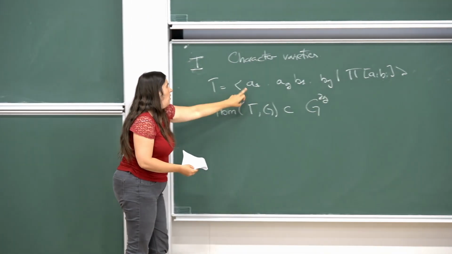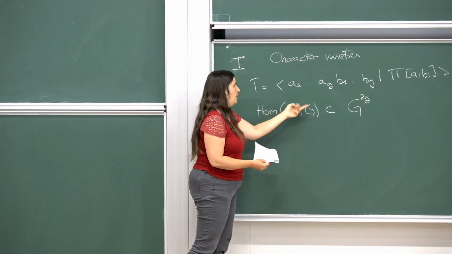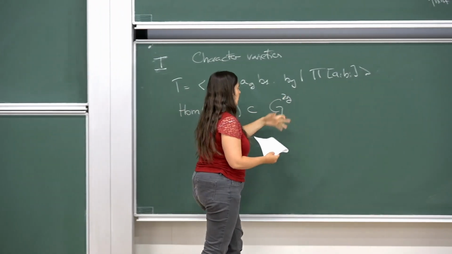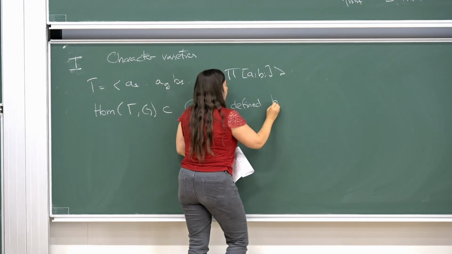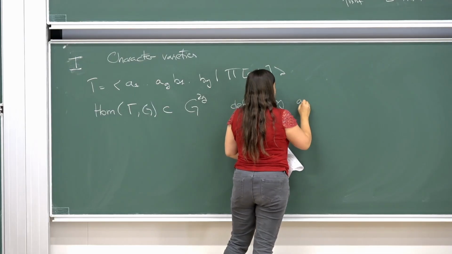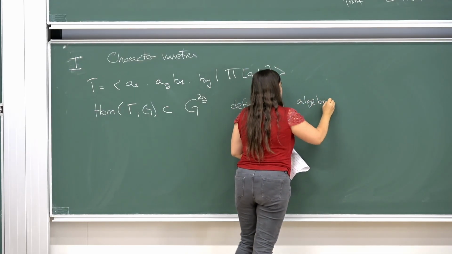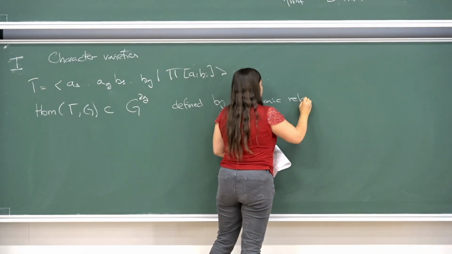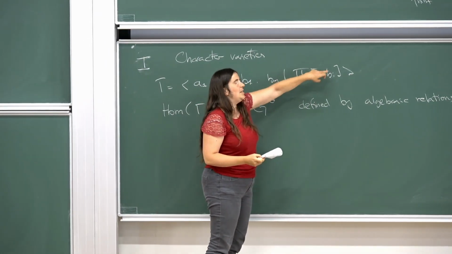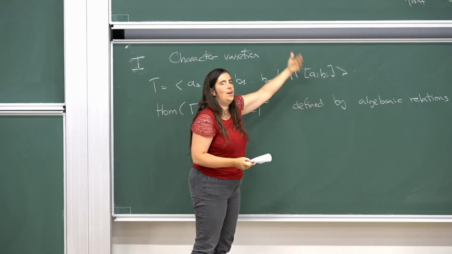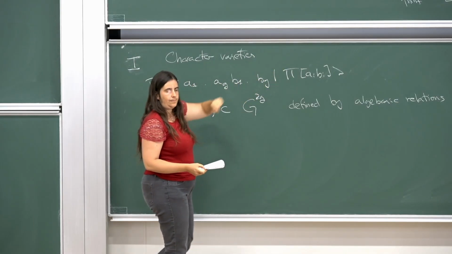So my homomorphisms, my representation variety, is a subset of G to the 2G defined by algebraic relations, which is that the product of these matrices that I'm prescribing needs to be the identity.